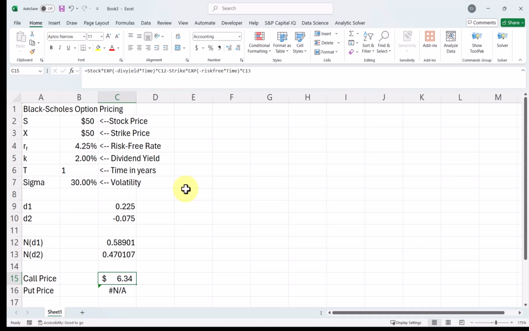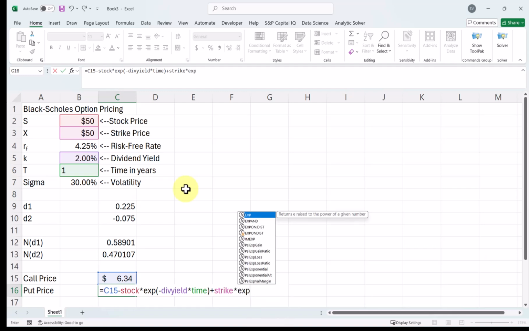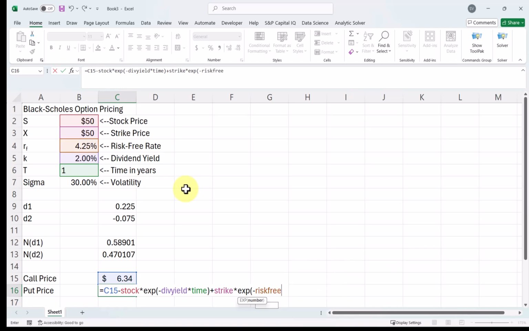$6.34. And then our put price is equal to the stock price, or excuse me, the call value minus the stock price multiplied by EXP, negative dividend yield multiplied by time, plus the strike price multiplied by EXP, negative risk-free rate multiplied by time.